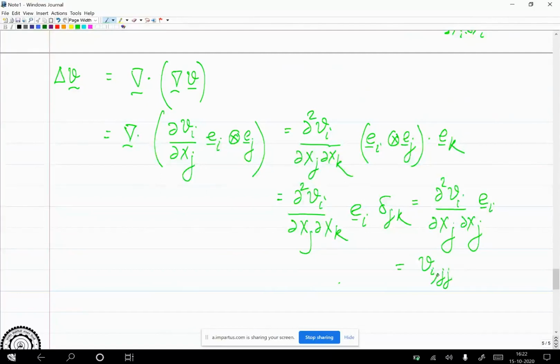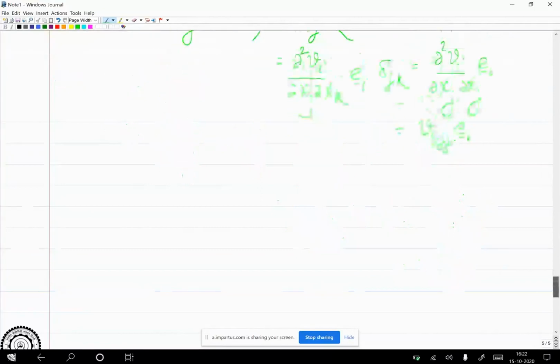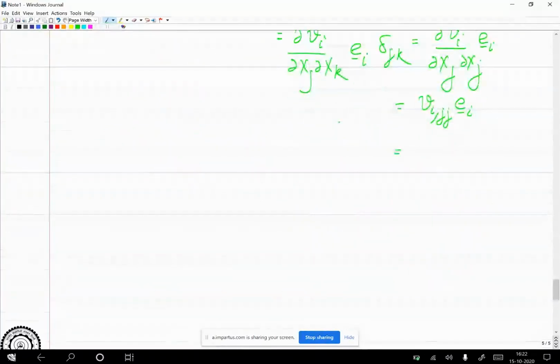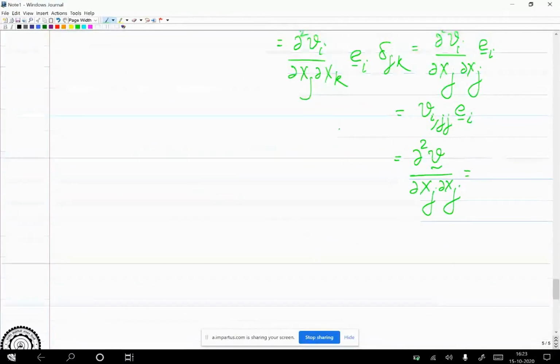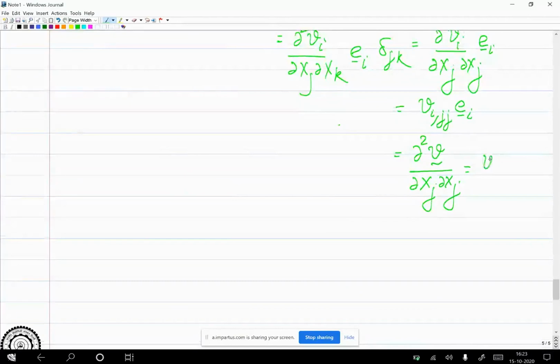If you write something after comma, that means you have to take the derivative. And you can also see that it's same as del 2 of the vector V itself over del xj, right? Because Vi and ei, you can bring them together and it becomes a vector V. So this is also V comma jj. Any question here?